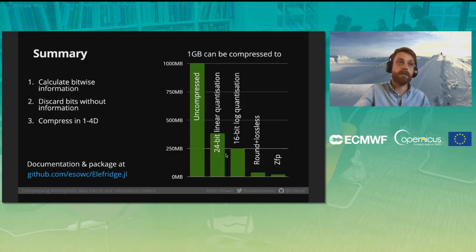And so the summary slide is really just, if you want to do really strong data compression, what you should do is calculate the bitwise information content first, get an idea of which bits contain information and which do not, discard the ones that do not, and then really compress depending on what data you have, whether it's 1D, 2D, 3D, 4D data.